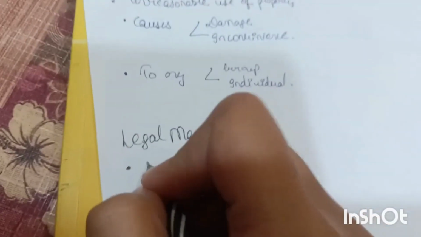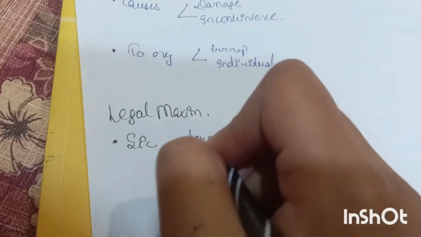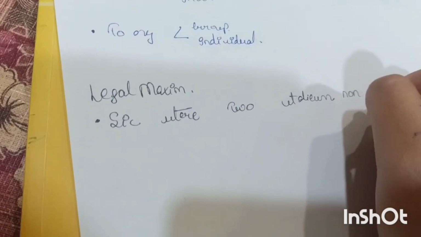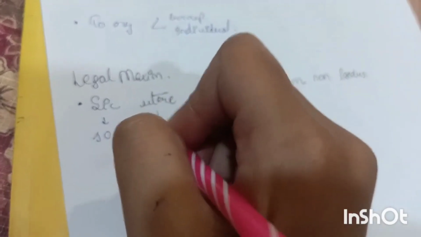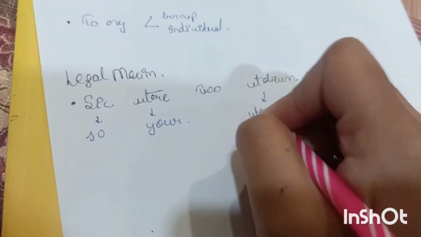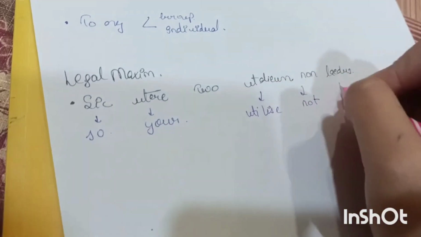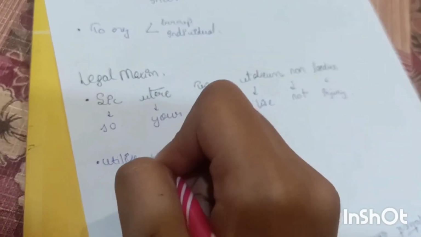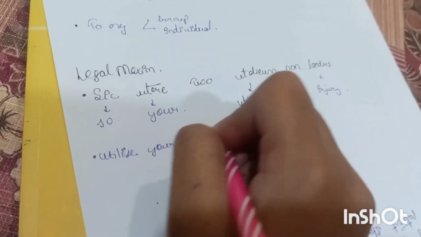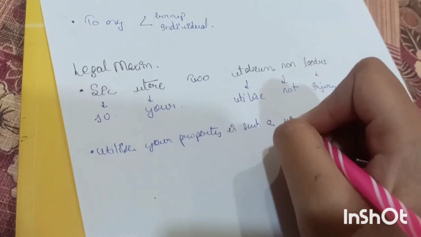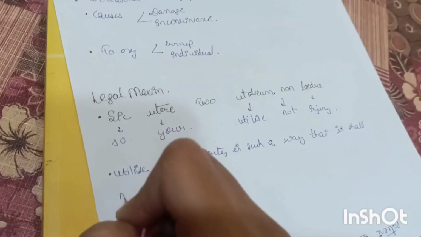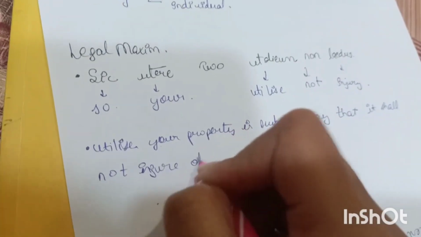There is one legal maxim, which is sic utere tuo ut alienum non laedas. So sic means so, tuo means your, utere means utilize, non laedas means not injure. This means utilize your property in such a way that it shall not injure others.